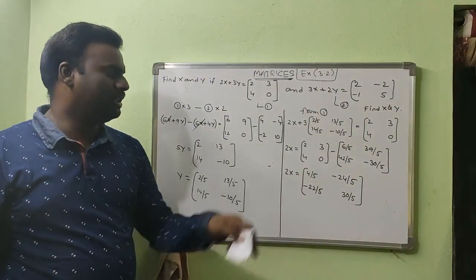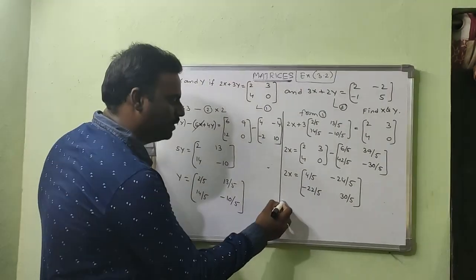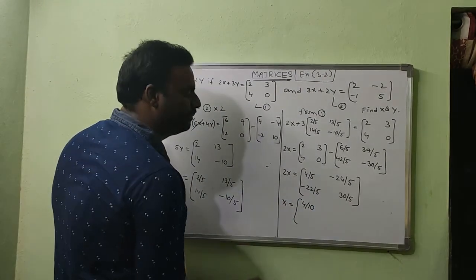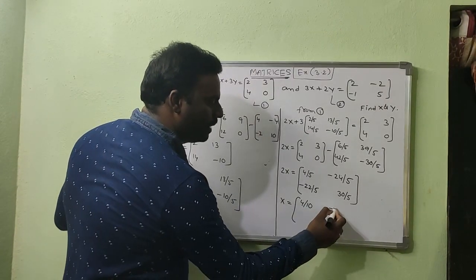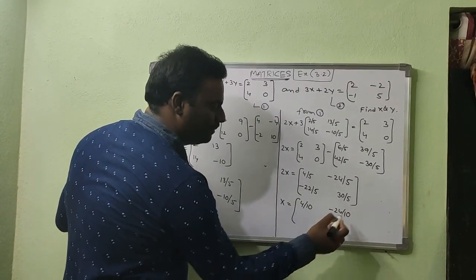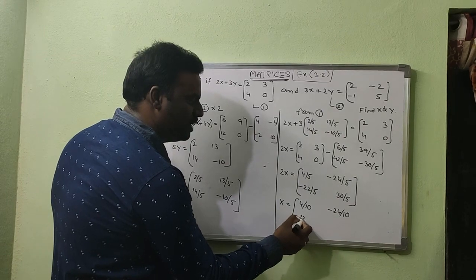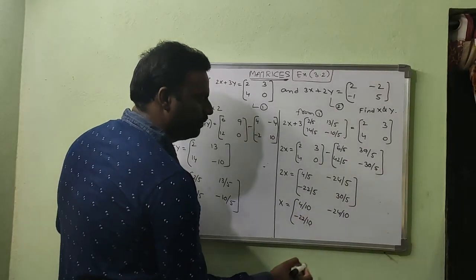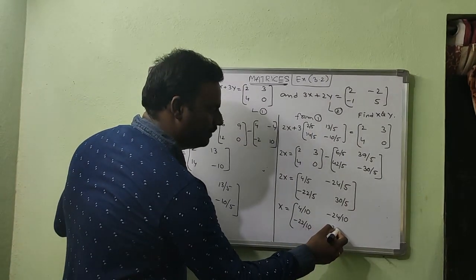You send 2 to this side, it becomes divided by 2. Now the answer is X equals 4 by 10, minus 24 by 10, minus 22 by 10, 30 by 10.